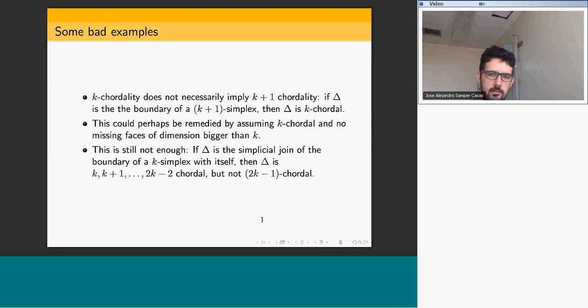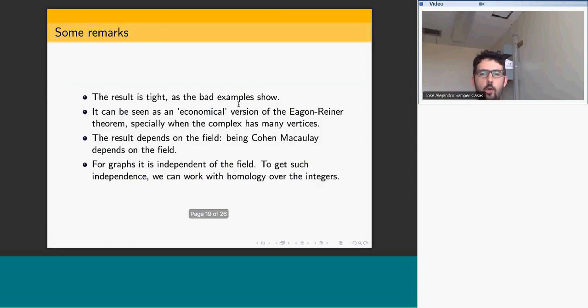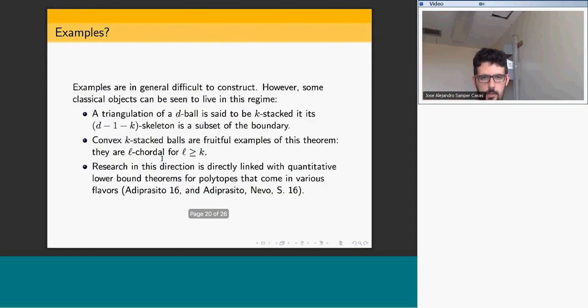The first obstruction is pretty trivial: look at the boundary of a k plus 1 simplex. In homology, it's k. So for a k complex, it's k chordal, but not k plus 1 chordal.